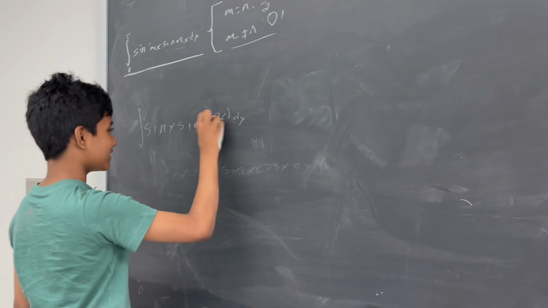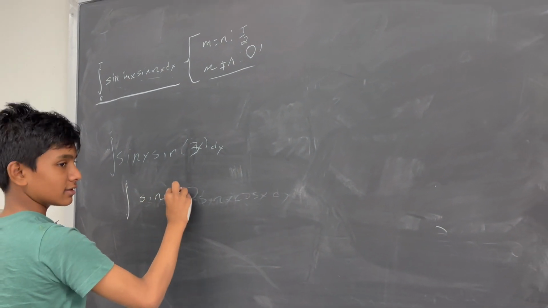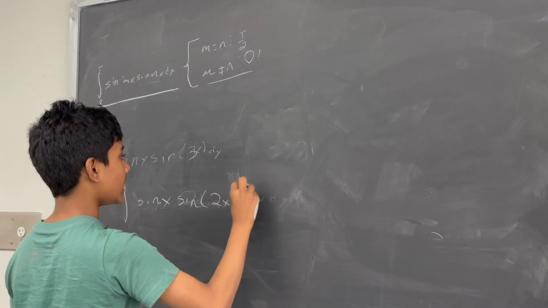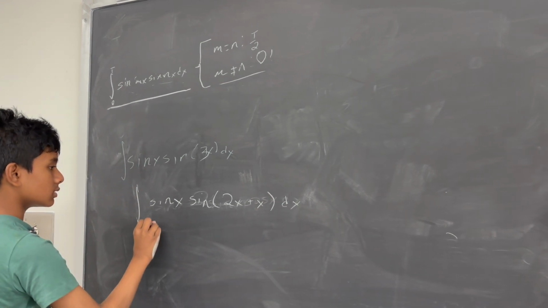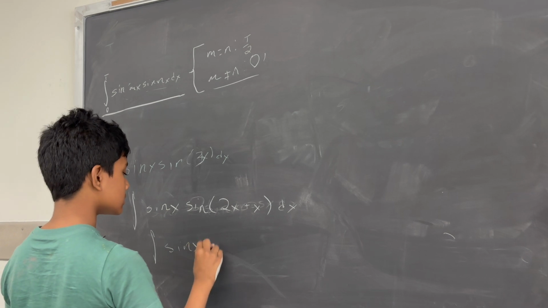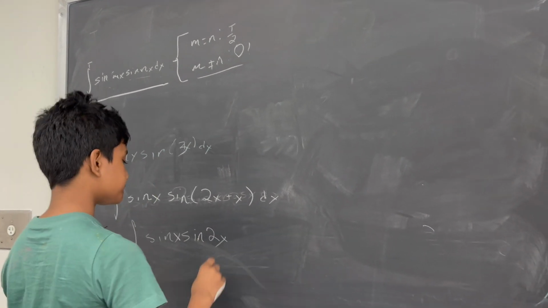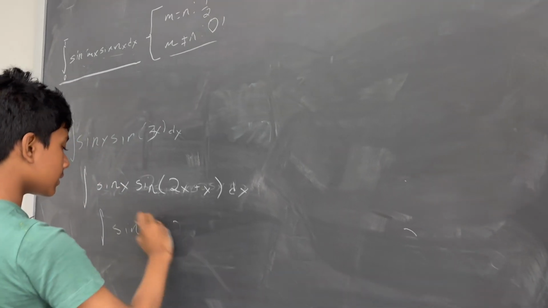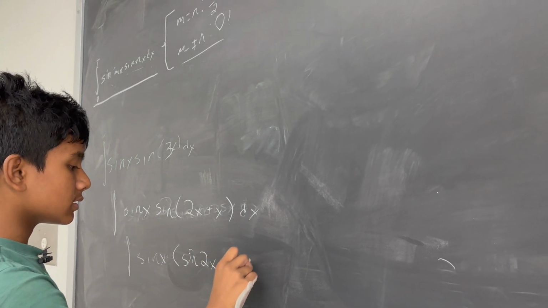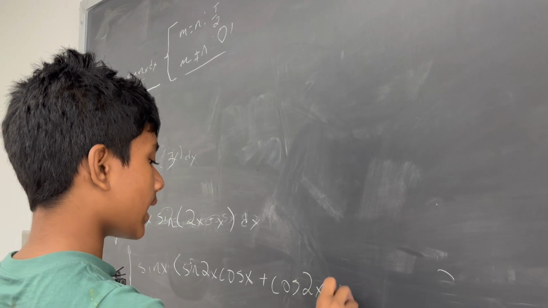So what happens if we try 3x? Well, we have sine 2x plus x dx. So we have sine x, sine 2x times sine 2x cos x plus cos 2x sine x dx.